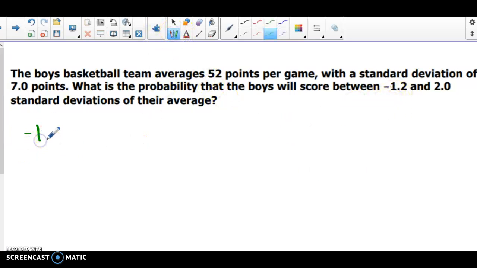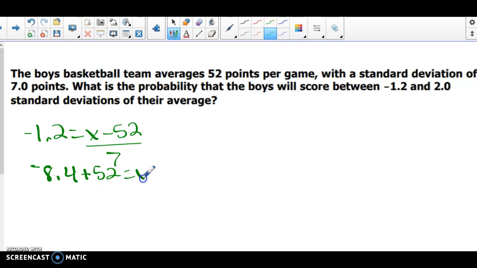So we've got negative 1.2 is equal to x minus 52 over 7. We multiply negative 1.2 times 7. That's a negative 8.4, and then we add 52 to both sides. That's going to give us our x value here, so that's 43.6. That's our low.